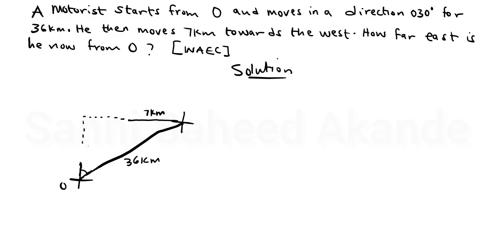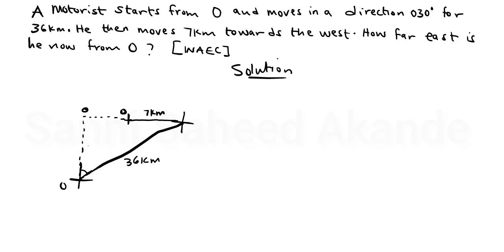All right, so now I have a complete triangle. But this is the point where the motorist is now. So the distance I want to calculate now is from this point to this point. Once I know that length, that will be the answer needed for this question.